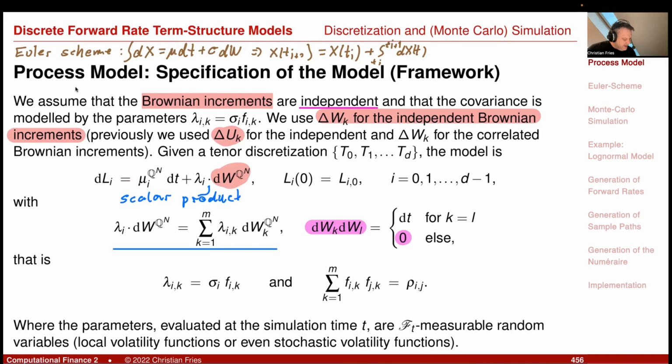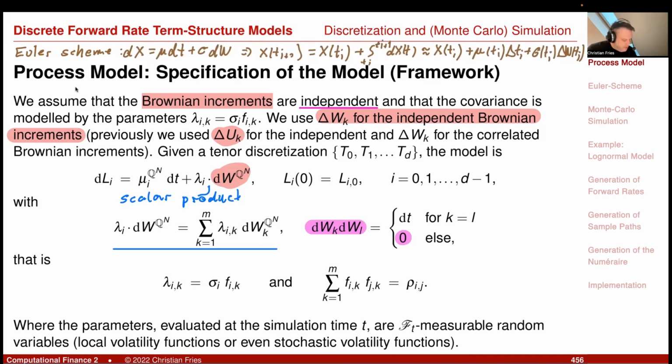This integral is approximated by freezing, so fixing the coefficients at the beginning of the time period such that they become constant. So it is a plus mu of t_i times delta t_i, the time step size, plus sigma times delta W of t_i.